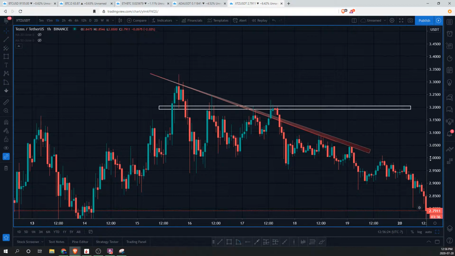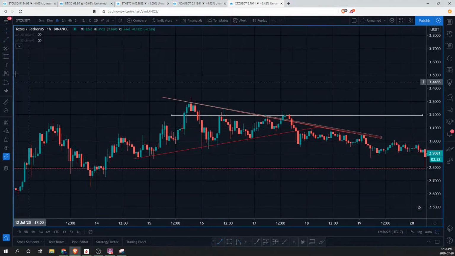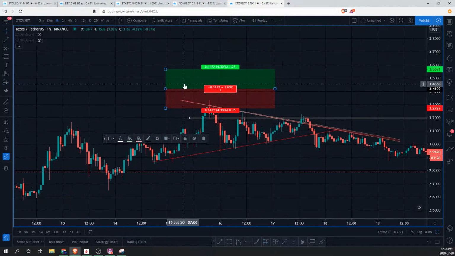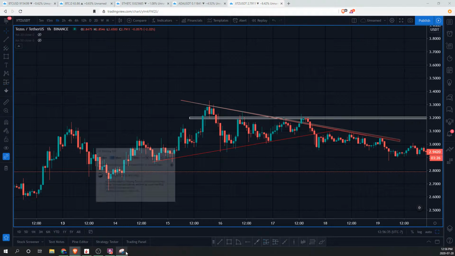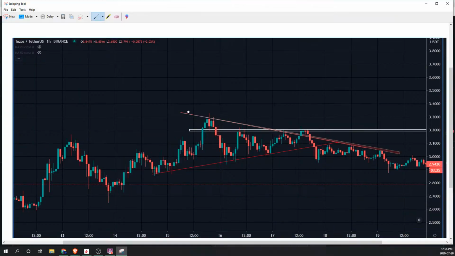So this could be considered a symmetrical triangle just by going like this. You're not just looking for the descending zone to break, that's not what I'm looking for. Let's just draw in a snip. You're not just looking for this descending zone to break here, but you're also looking for this resistance, this horizontal level of structure, to break.